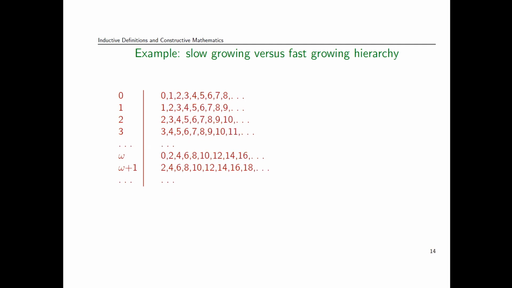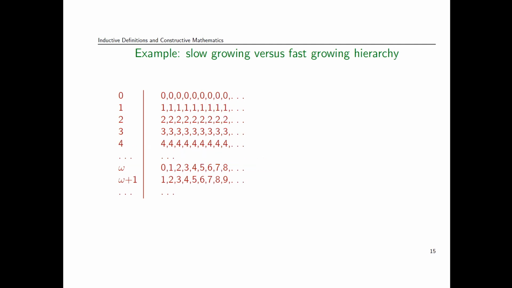This is what is now called the Hardy hierarchy of functions. The slow growing hierarchy is a variation of this. Instead, you start with a constant sequence 0, 0, 0. Then at the successor stage, you add 1 to this sequence, so 1, 1, 1, 1, and then 2, 2, 2.